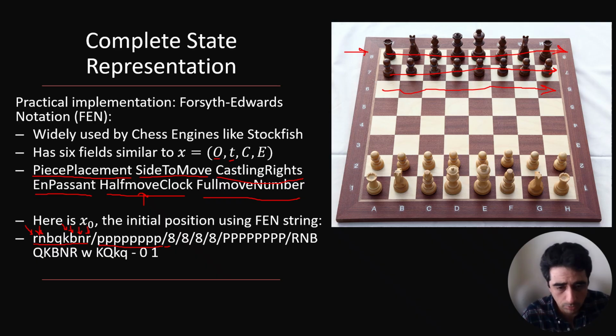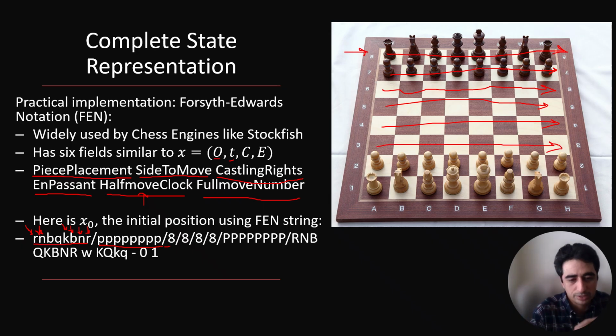And then you have empty ranks from rank 6 all the way to rank 3, because this is the initial position and no pieces have moved even once. And after that, you see all the white pawns with 8 capital P's, and then the white pieces from rook all the way to knight, bishop, queen, king, bishop, knight, rook.